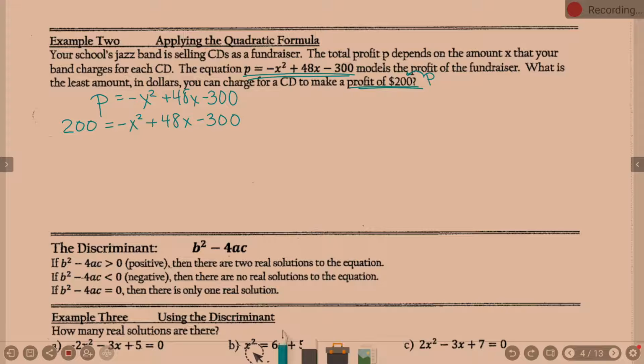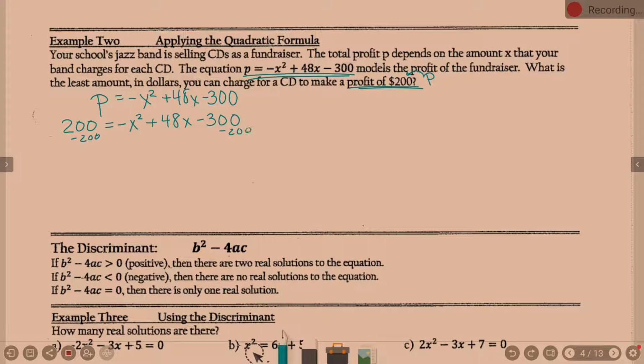Now, based on what we went through yesterday, how are we solving this? Does it equal 0? Okay, we need to have the equation equal to 0, right? Typical quadratic step, does the equation equal 0? No, it equals 200. How do I make it equal 0? Subtract the 200 over.